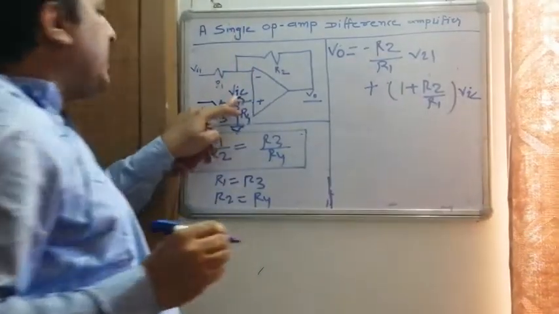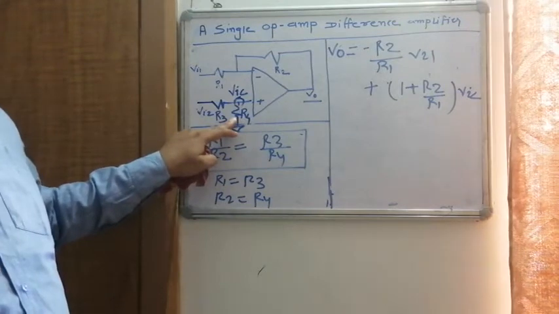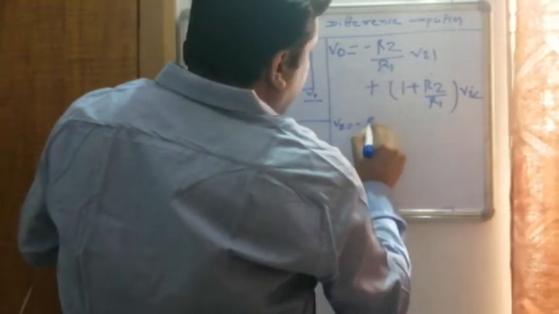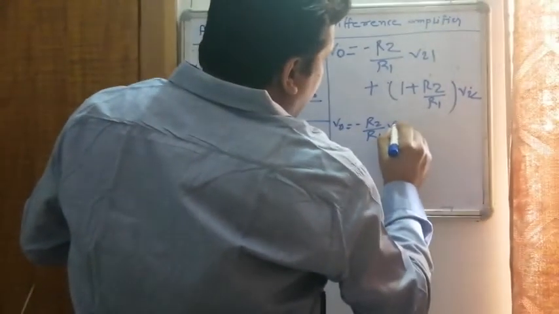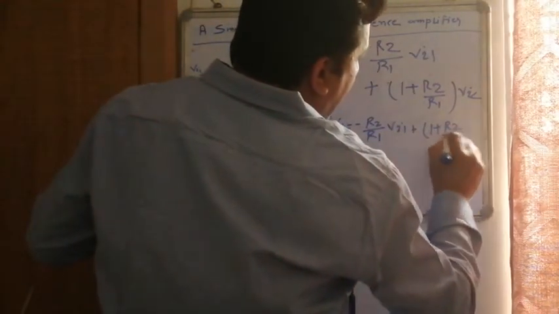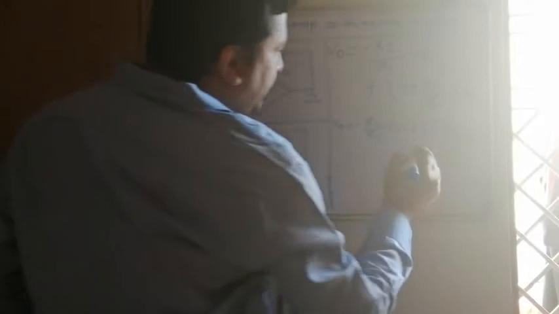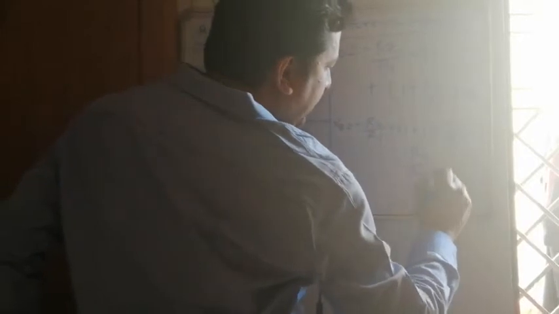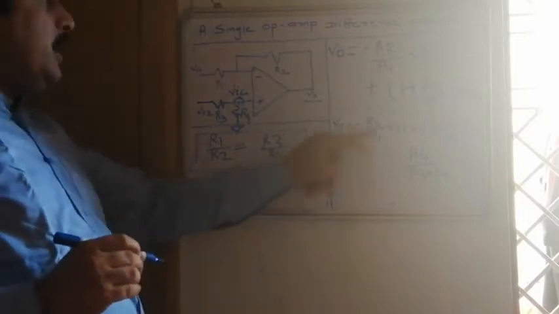And what is the voltage at this point? Simply we have applied the voltage division rule. So look here, V naught is equal to minus R2 by R1 VI1 plus 1 plus R2 by R1 into R4 over R3 plus R4 VI2. So this is the total voltage at this point.